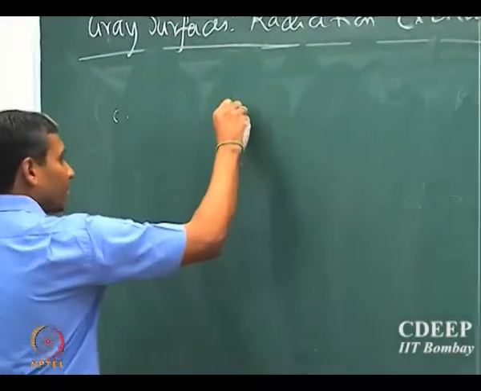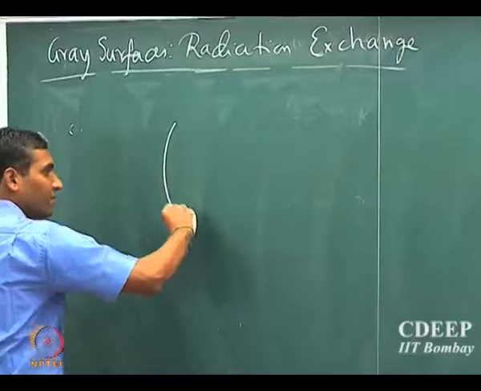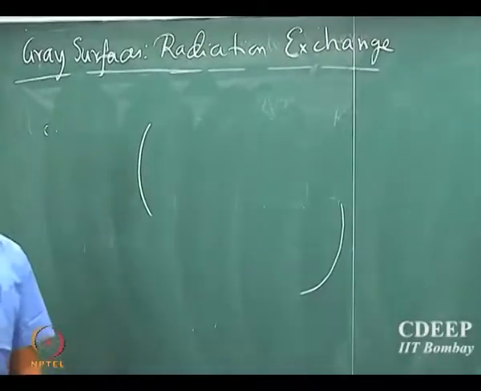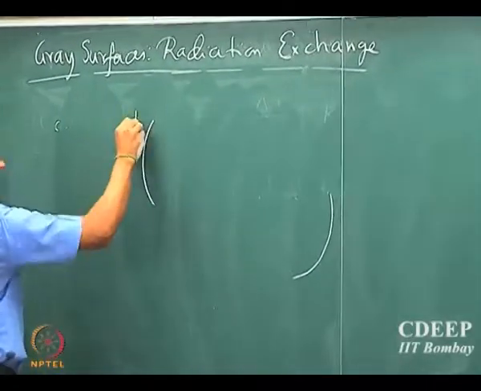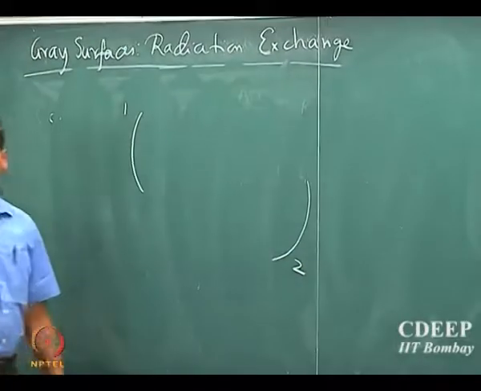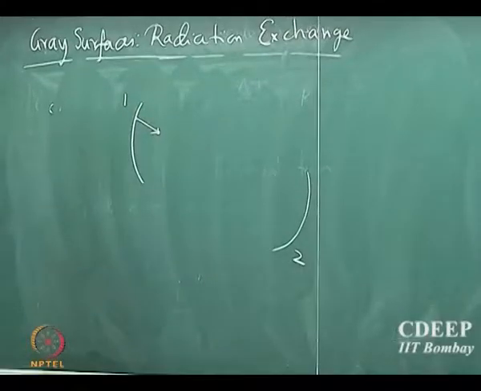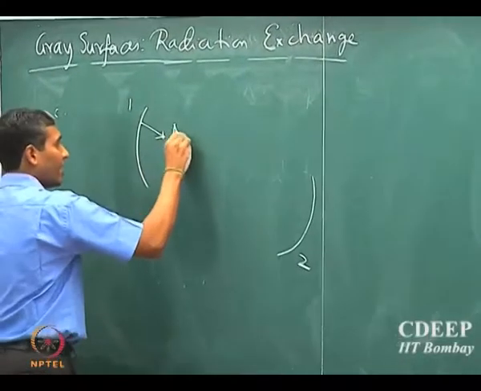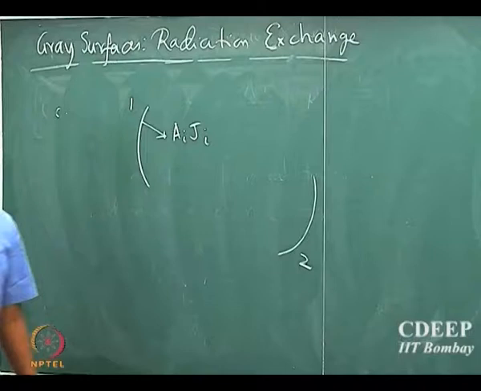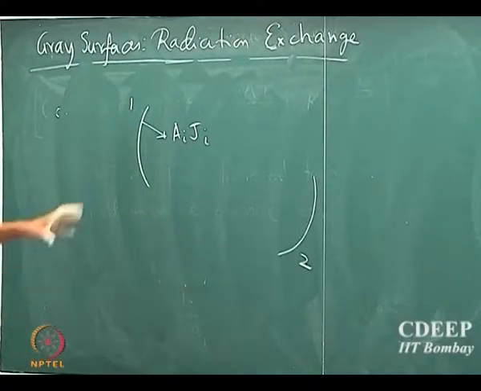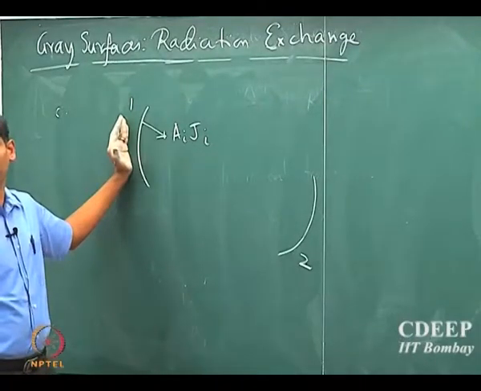So supposing you have two surfaces, surface 1 and surface 2, right. Supposing the net emission that comes out of surface 1 is Ai times Ji, right. So that's the total amount of radiation that is emitted by this surface, correct.